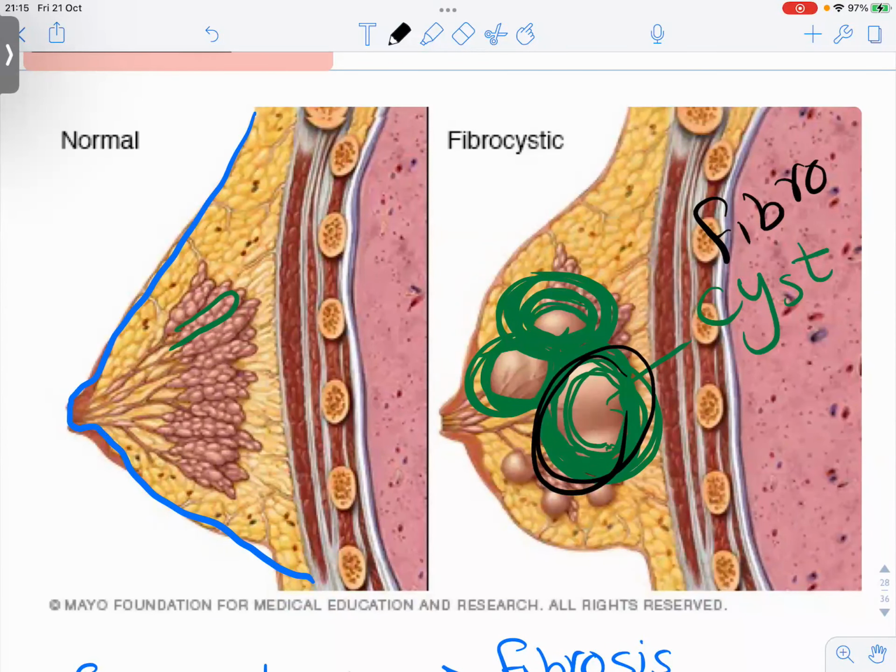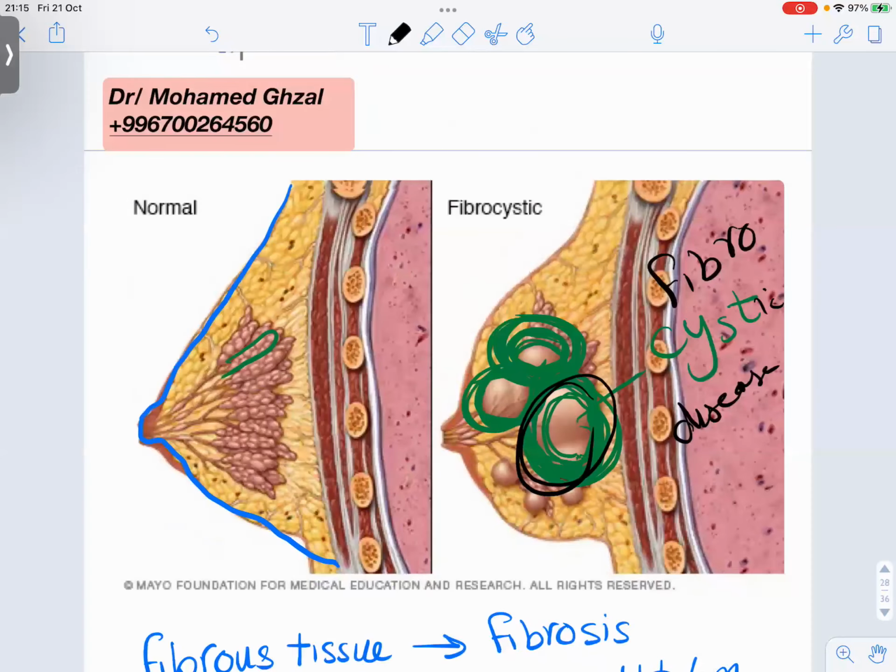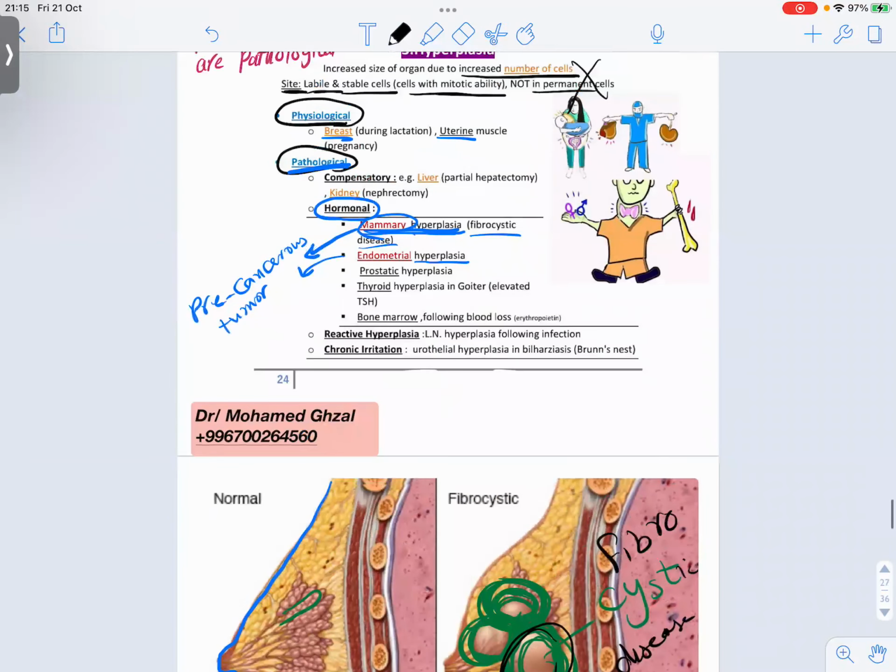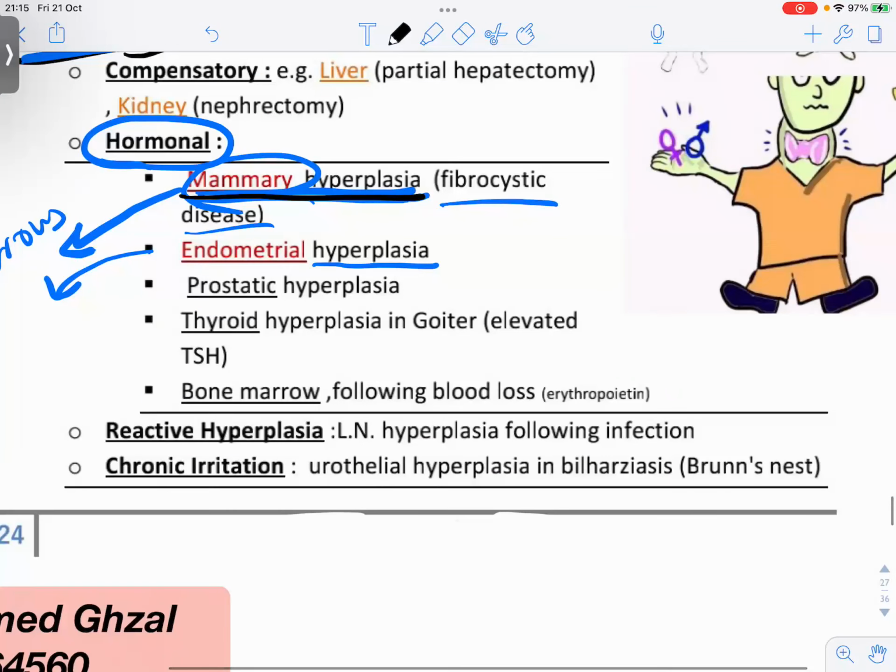So we call the breast hyperplasia, the new name, fibrocystic disease. Fibrocystic disease. So please don't be confused in the exam, because maybe they can mention mammary hyperplasia or they can mention fibrocystic disease. Why?